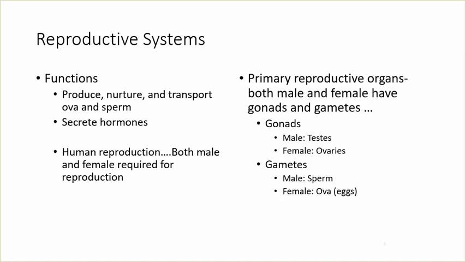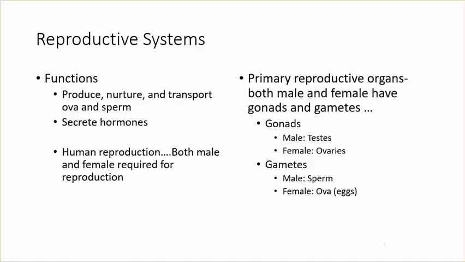In men, the gamete is sperm. In women, the gamete is ova or oocytes. So the new individual is the merger of the parental gametes, the father's sperm and the mother's ova.